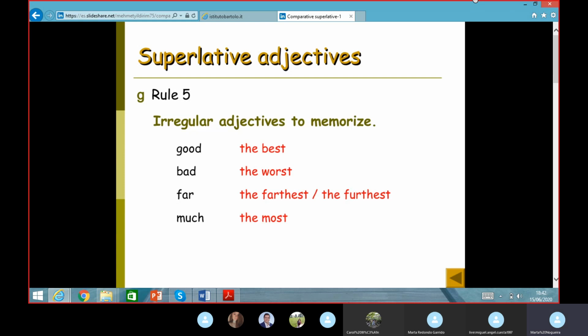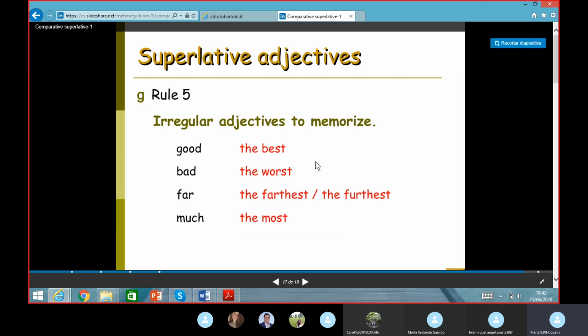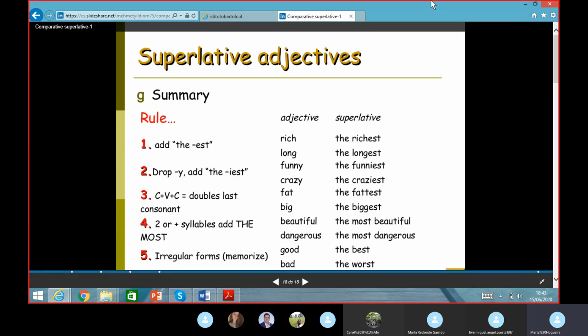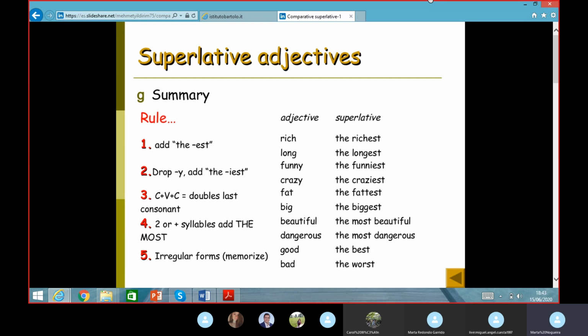Okay, this is the superlative. So this is just the rules that we've been applying. The rule is that we add est in the short adjectives.